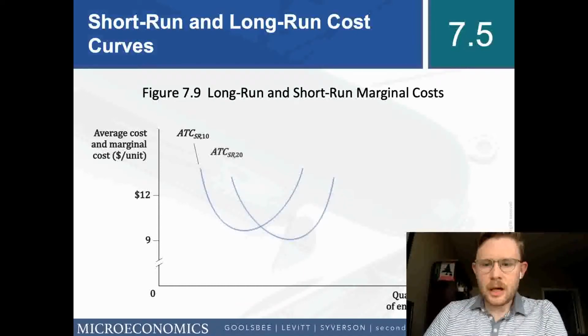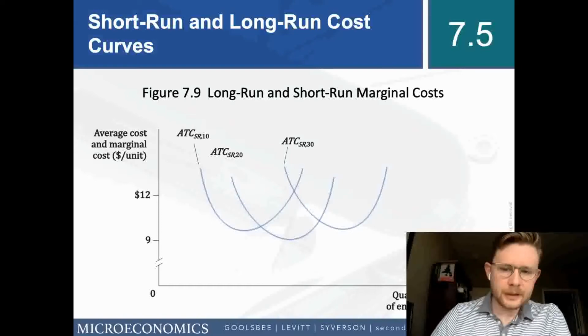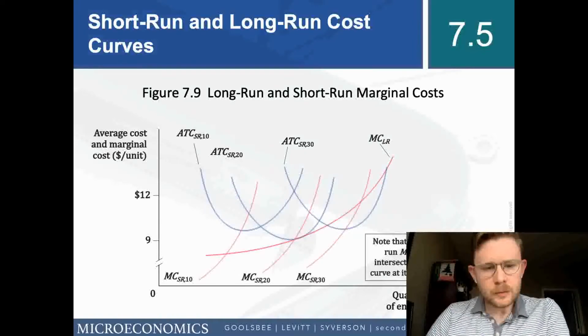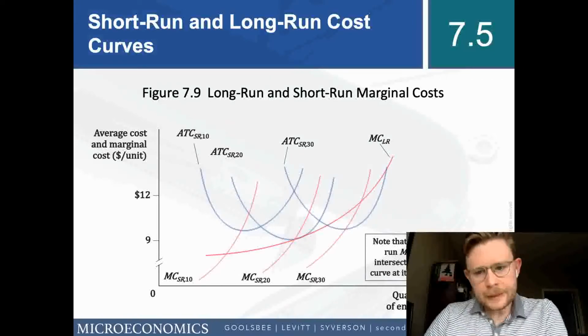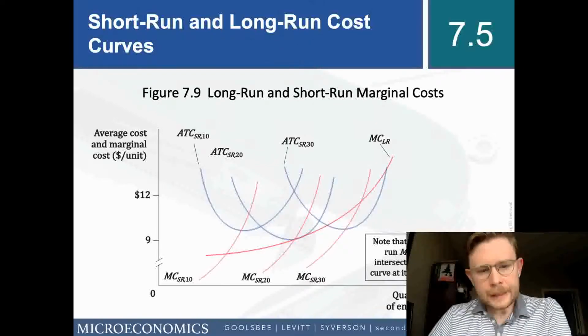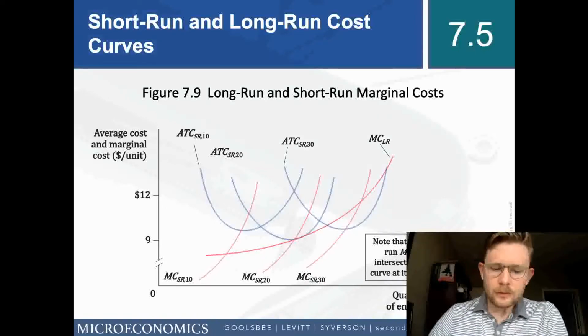Just as with average cost, short-run marginal cost is the cost of producing an additional unit of output when capital is fixed. The long-run marginal cost is the cost of producing an additional unit of output when both capital and labor are fixed. So we're operating in the same assumptions.